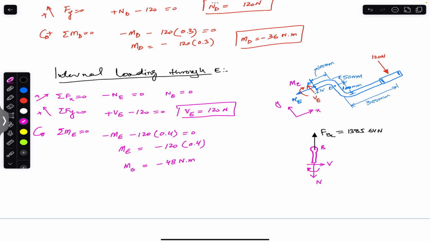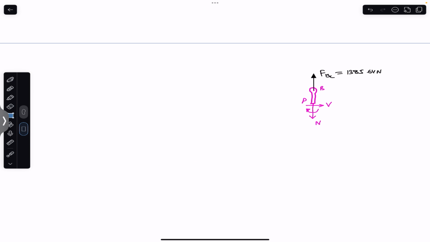And let's say that this point through which we have made the cross section is, let's say, point P. Internal loadings for short link BC.